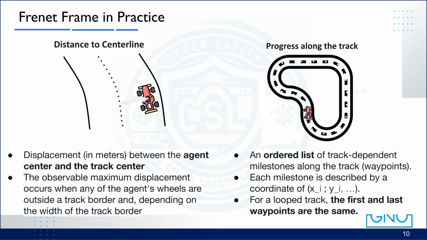In a closed-loop track, the first and last waypoints are the same, creating a continuous loop that allows the vehicle to run lap after lap. In simulation and path planning, this Frenet representation is extremely useful. It converts the complex geometry of a curved track into two simple variables, S and D, making the control and prediction process much more intuitive.